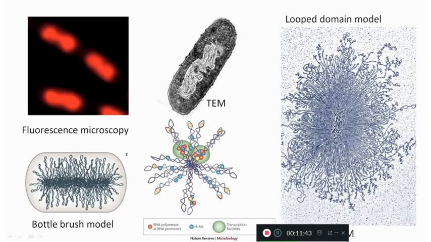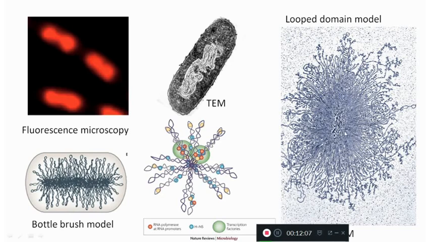There is another model about this chromosome, that in a certain state of the cell, the chromosome takes a shape inside the cell. It takes an axial elongated shape, and this model is called the bottle brush model. This model is called the looped domain model, and this one is called the bottle brush model.